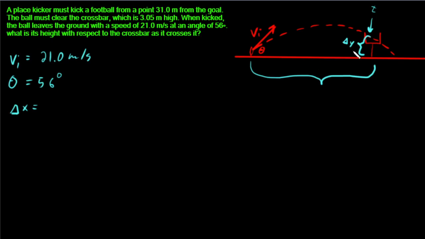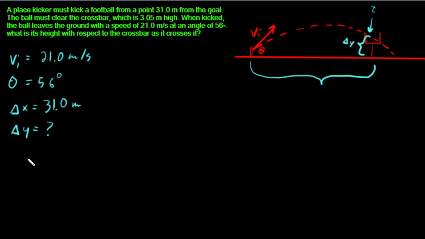Yes, the ball sails beyond the crossbar, but we don't care what it's doing back here. We only care about if it goes over the crossbar or not. And so that means our delta x is going to be 31.0 meters.